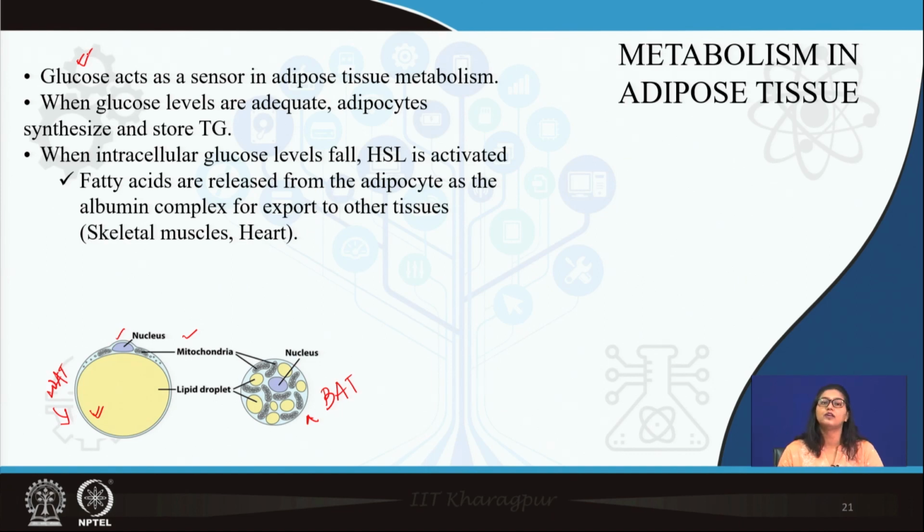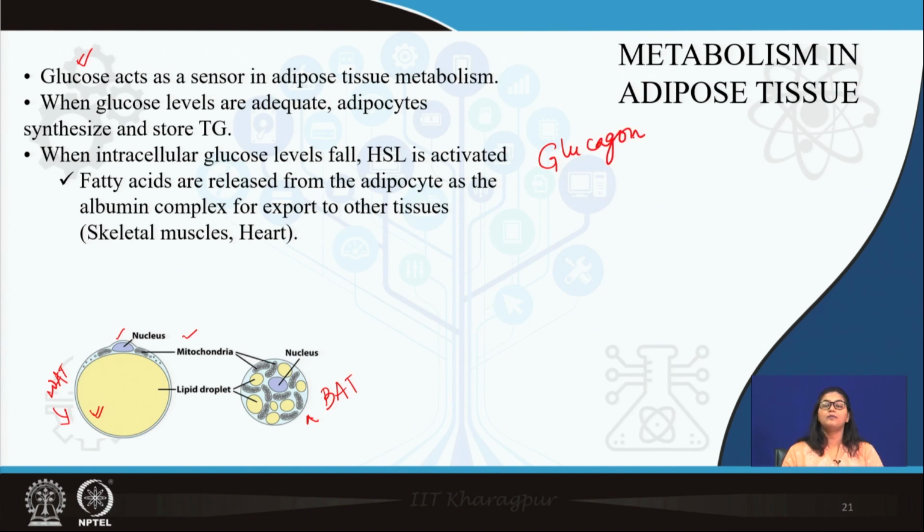Now what happens when there is fall of blood glucose level? You know the enzyme, hormone sensitive lipase. Hormone sensitive lipase senses the fall of blood glucose level via the hormone glucagon.